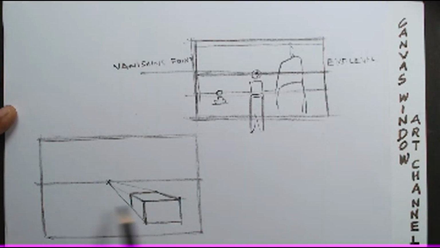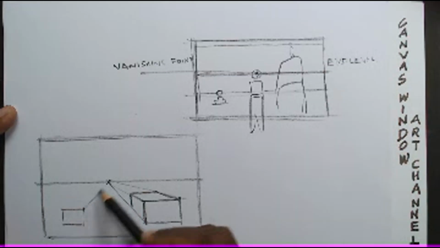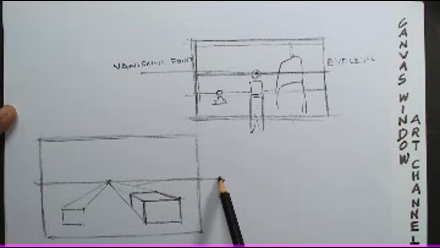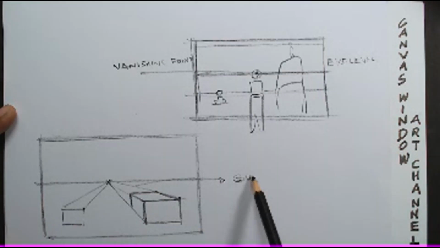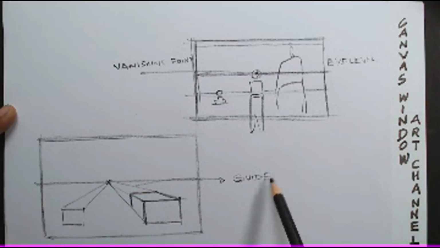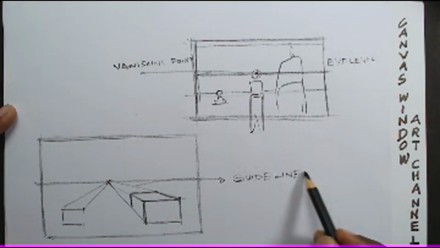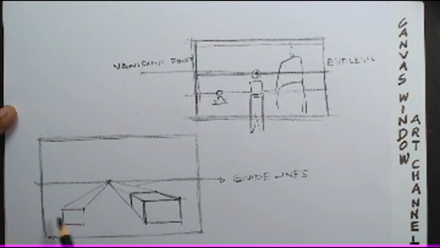And here you have to try to draw as many cubes and cuboids as possible. The connecting lines are called guiding lines, or guidelines. Without these guidelines, practicing perspective is not at all possible.